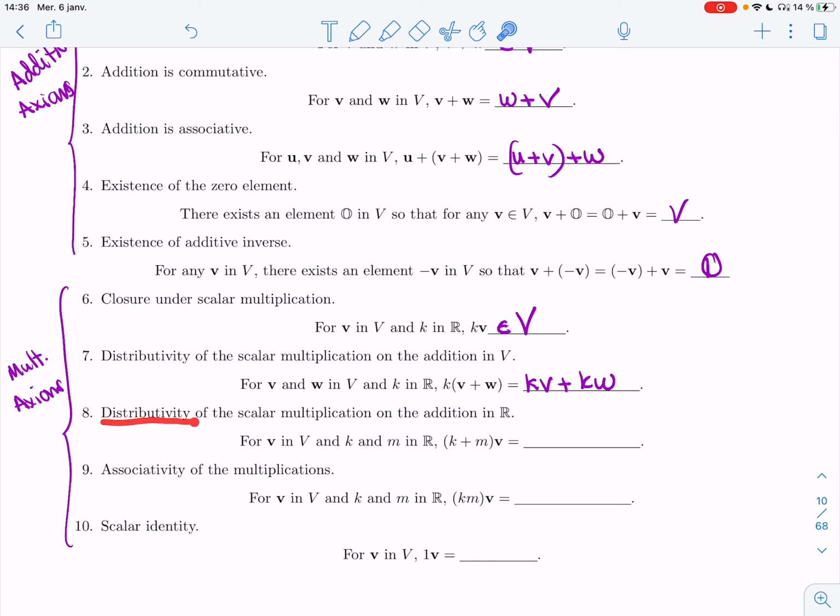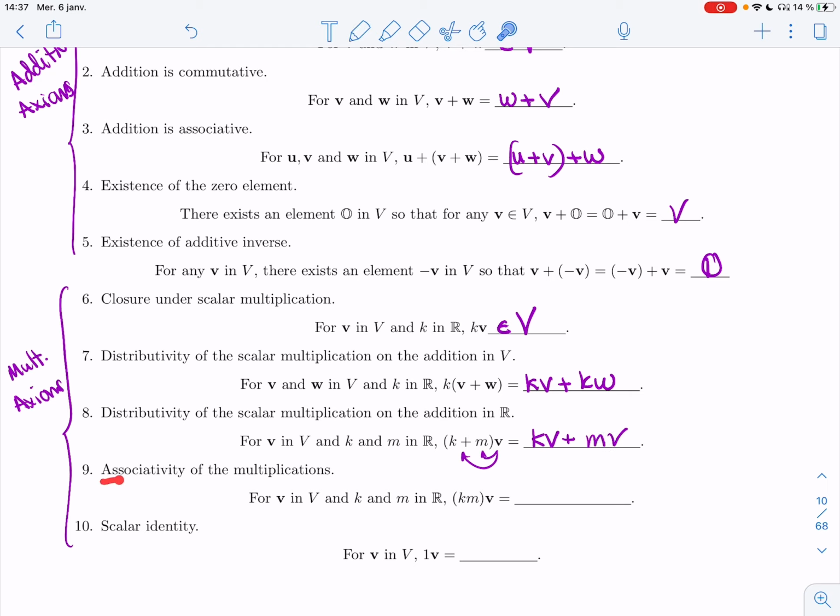I need to be able to distribute scalar multiplication over the addition in R, so this time it's the real numbers that I'm adding, and V is there by itself, but again, I'm going to be able to distribute it, and I'll get KV plus MV.